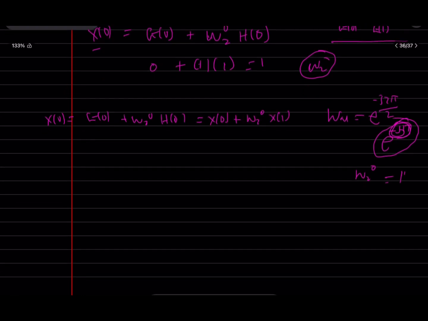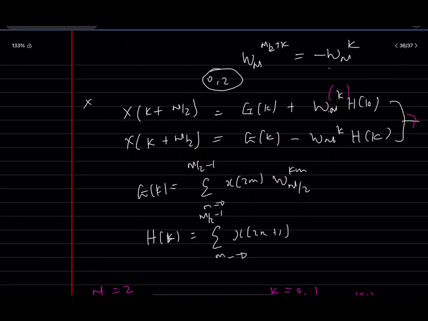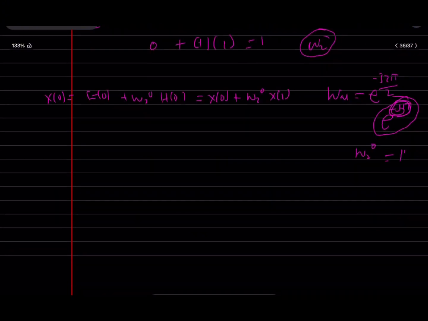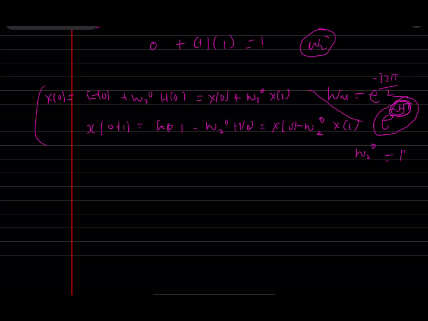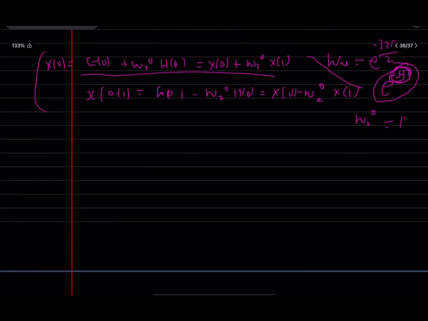And its counterpart, which is this mirror image or symmetric part, is X of 0 plus 1 equal to G of 0 minus omega 2 of 0 H of 0, which is equal to x of 0 minus omega 2 of 0 x of 1. So if you are computing the FFT of this, you don't need to compute both. You can compute this one, then change the sign for this and write the answer as well. This is the hidden secret behind that.